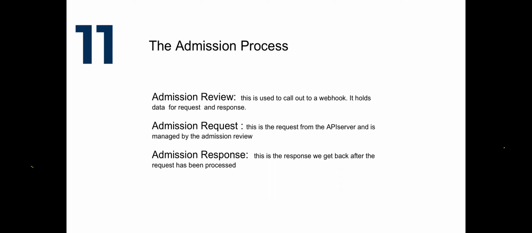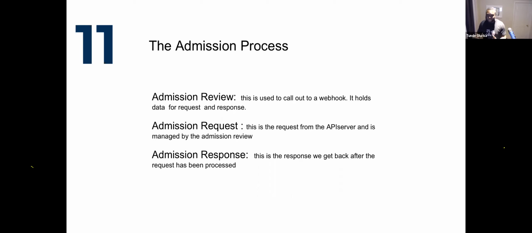Inside that admission request, we have a JSON payload and also the UID, the unique identifier of that request, that is then exposed to your webhook server. Your webhook server makes changes based off the request using the logic you've specified inside of the webhook, and then sends an admission response back to the admission controller.